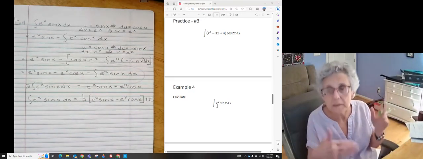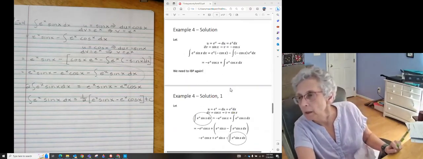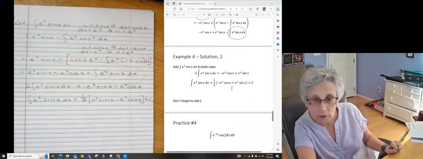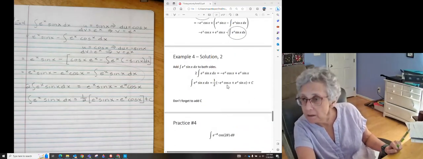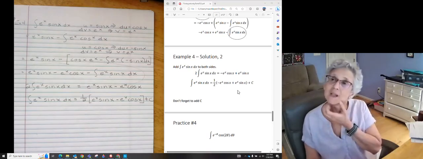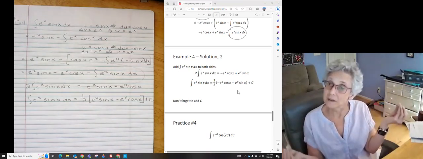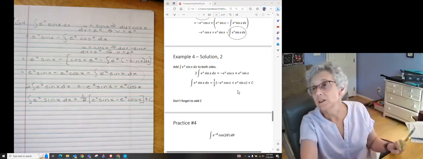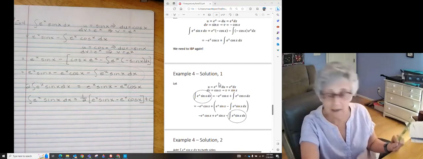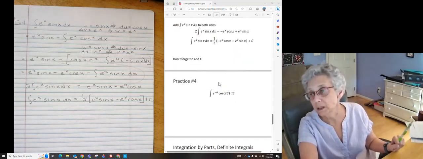Loopy. It loops back on itself. Make sure I have it right. And there's the pretty answer: minus e to the x cosine of x, e to the x sine of x. And you notice I got the exact same thing when I did it starting with u as e to the x, as when I let u be equal to the trig function.